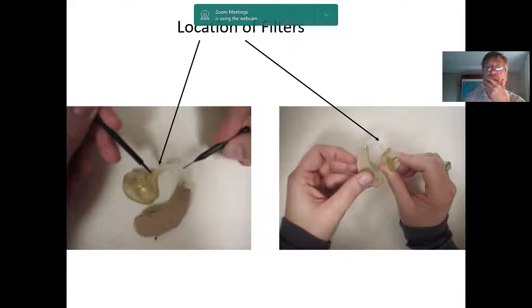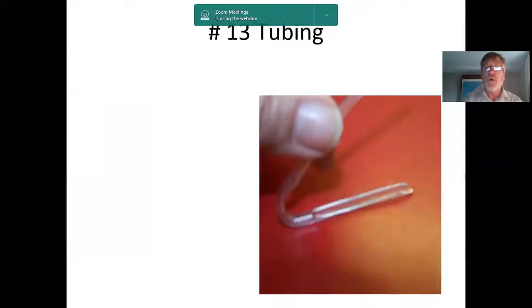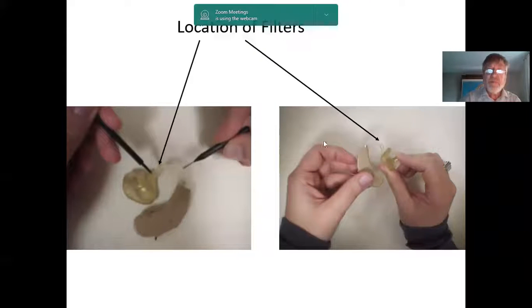Okay, in BTEs. In ITEs, it would more likely be at the very end here. See that little white thing? It would be just behind that little white thing. So the speaker in an ITE hearing aid, the mic is of course going to be on the outside over here, and then the speaker is going to be behind that little white thing.